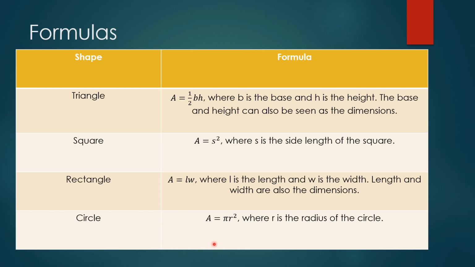And then the circle. The area of the circle is going to be pi r squared. As we talked about in class, the only thing that a circle can be measured by is its radius. So the calculations of perimeter, area, and eventually volume and surface area are based on the radius.